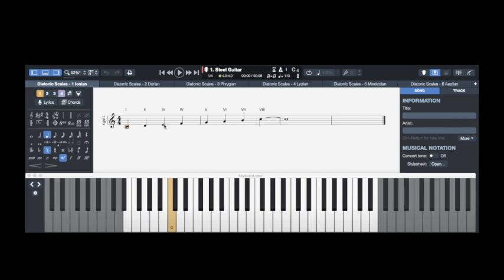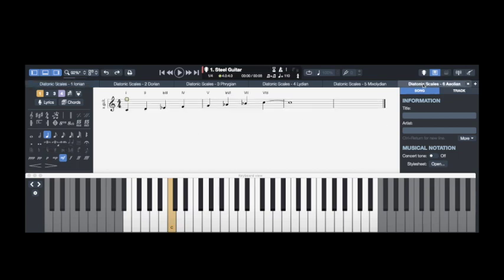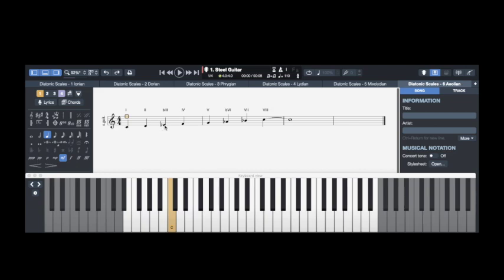If this is a major third, it's a major scale, and if it's a minor third, it's a minor scale. So a minor scale will have a minor third and a minor sixth and a minor seventh, like that.